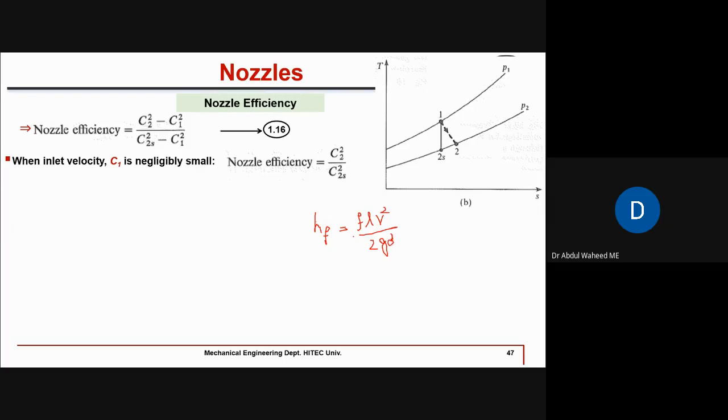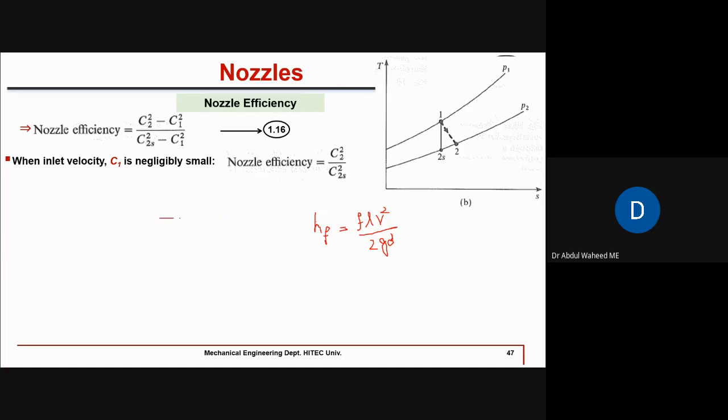Darcy's equation. So here you can see this Darcy equation is actually telling us the amount of energy loss to overcome friction. So from here we can understand the effects of friction on a fluid flowing through any duct.